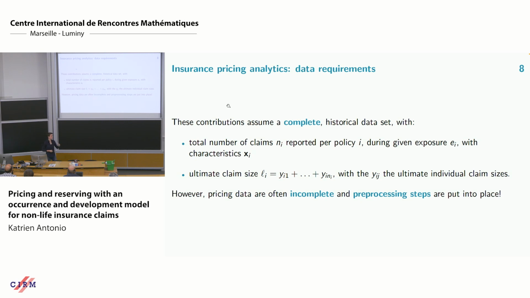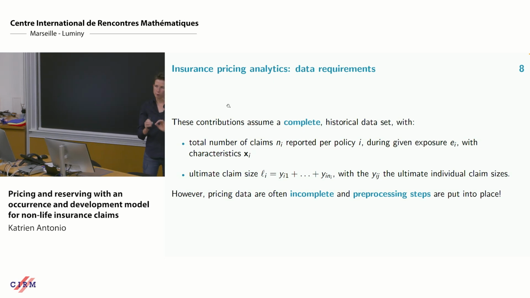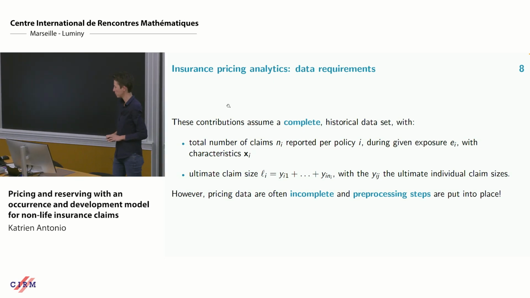You can ignore the part of the information that is missing, or you can do some kind of ad hoc pre-processing, or some more clever pre-processing before building your pricing models. And then you may say, yeah, Katrien, but maybe that's not too relevant to consider.